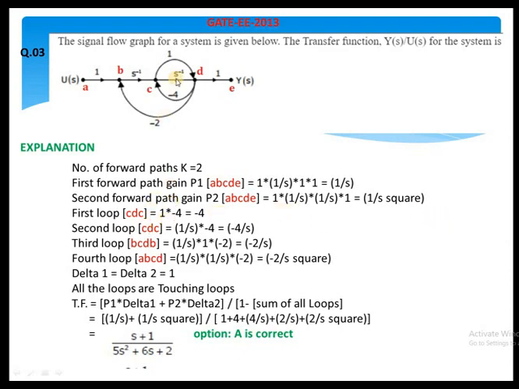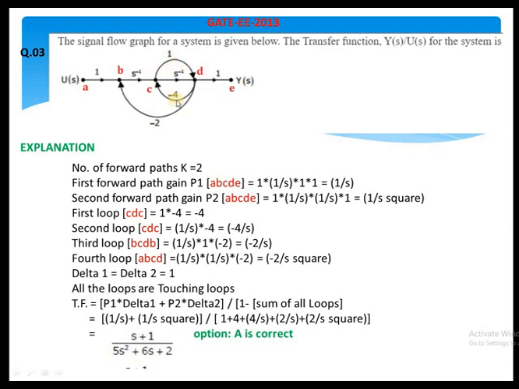And what about the loops here? C, D, C will form a loop with a gain value minus 4 by S, and one more loop is the upper part, that is C to D, and it reaches C again with a gain of minus 4. There is one more loop here, a closed circle which forms with nodes C and D, and again it reaches C with a gain value 1 into minus 4.